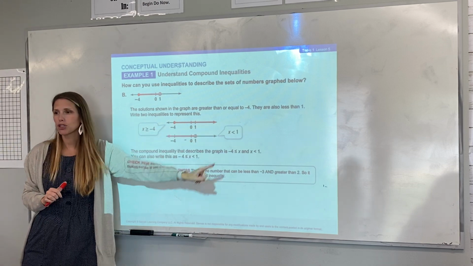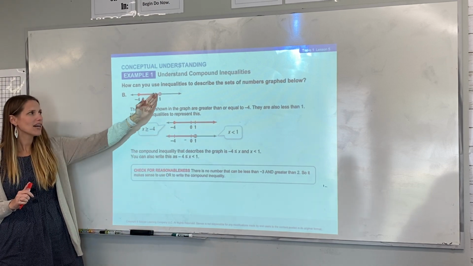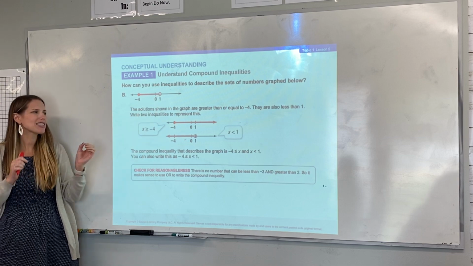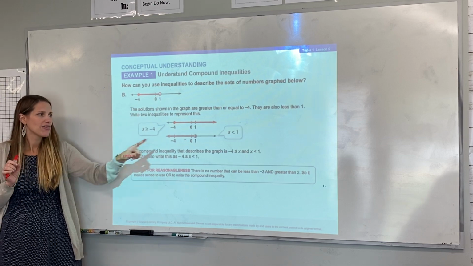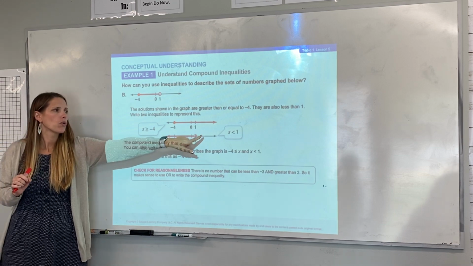And it looks like it keeps going and going forever. But it does have a stopping point, because it also says that X has to be less than 1.